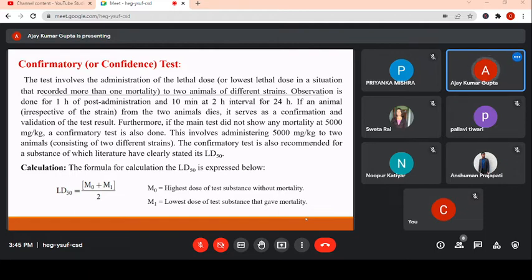So here the number of animals for the confirmation test, as we had seen in stage 1, there were 4 animals.